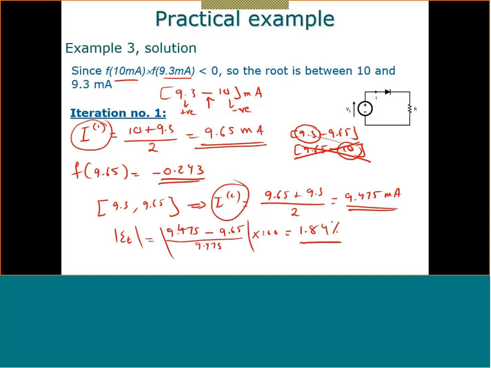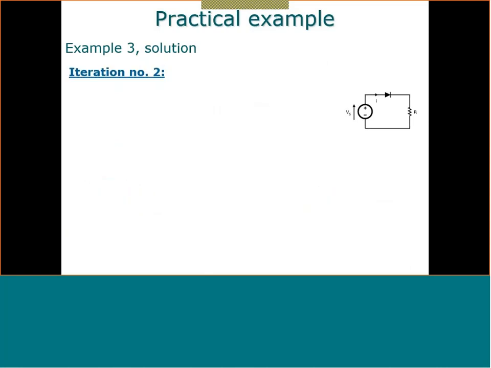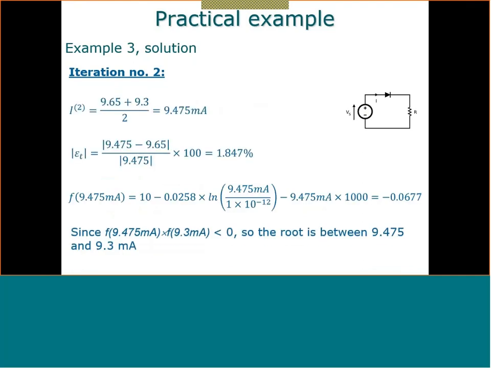Okay. And now what's next? I go and evaluate the function and keep doing this until I reach the required level. Now, since we understand the process, I don't need to solve it. Let's just go through it together here. So here, this is the answer I just found. This is the error I just found. Now we need to evaluate 9.475, and I found that this is a negative number.